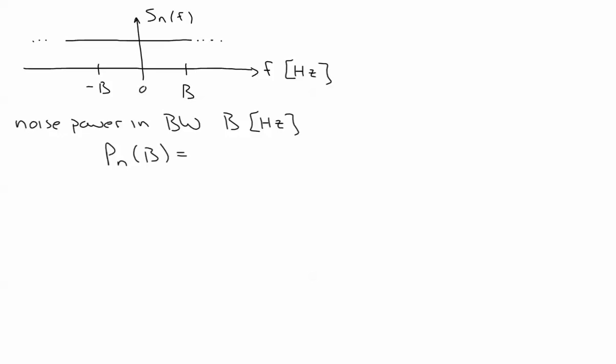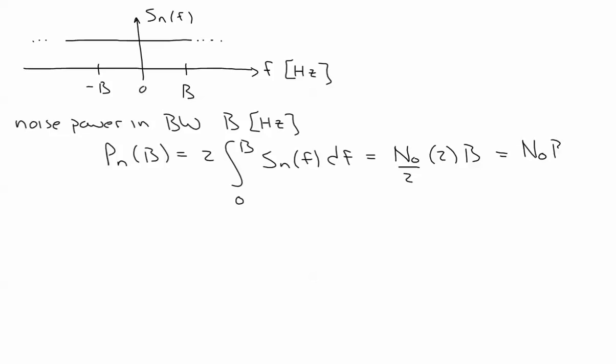This is clearly 2 times the integral from 0 to B of my noise power spectral density. And that's just going to be N0 over 2 times 2 times B, which is N0 B. And this thing will have units of watts.